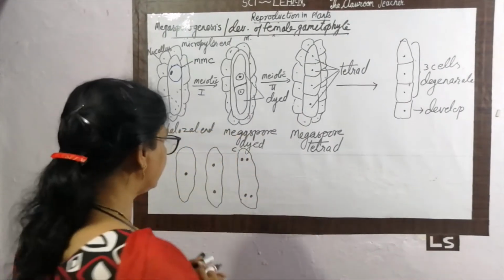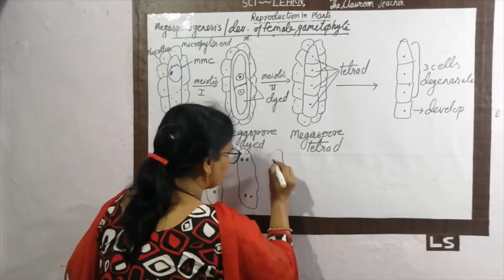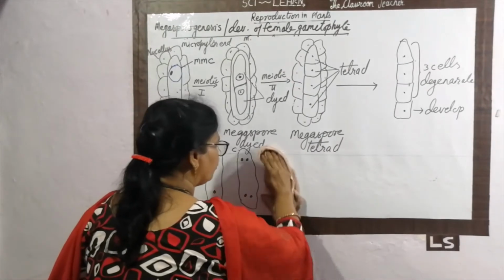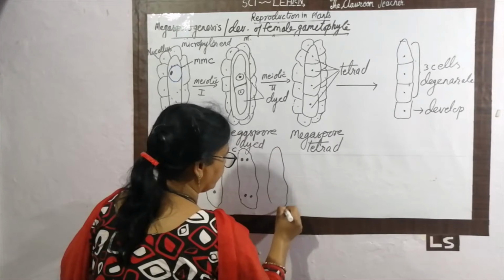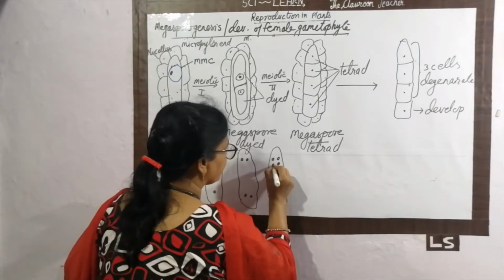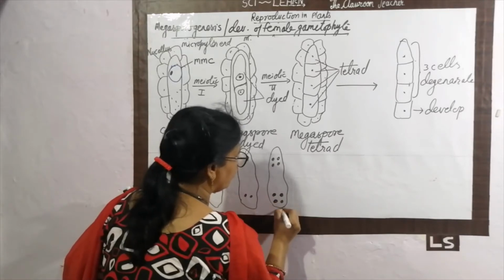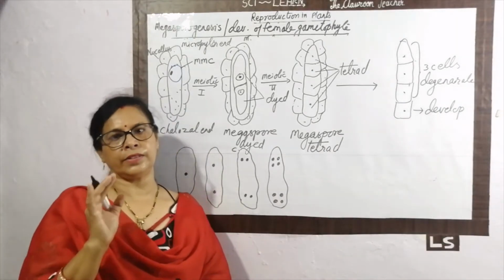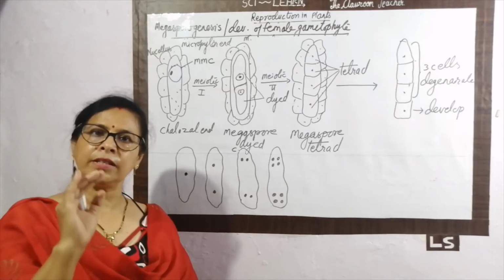After the third karyokinesis, these 2 divide to form 4. This 2 forms 4 nuclei, and this 2 also forms 4 nuclei. So what happened here? The 3 karyokinesis divisions take place. Karyokinesis means division of the nucleus.